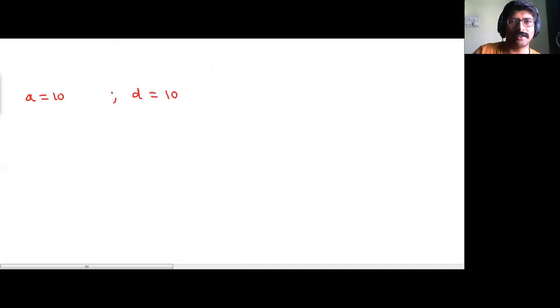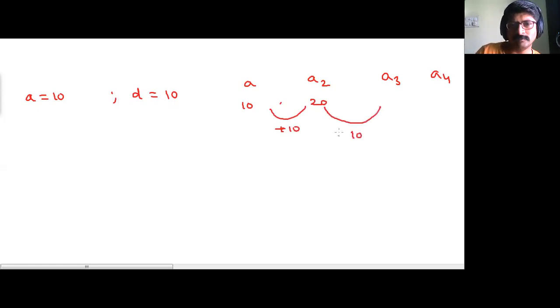So how are we going to write it? The first term would be a, then a2, a3 and a4. We write a as 10 itself. Then we add 10 to that: 10 plus 10 gives 20. Then 20 plus 10 becomes 30. If we add 10, we get 40. So these are the first 4 terms.